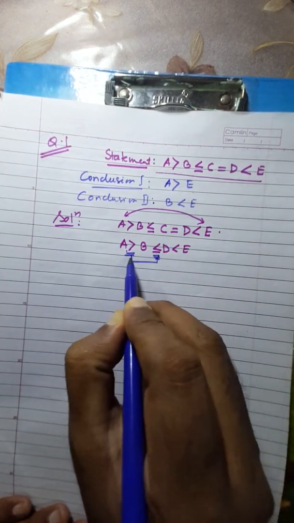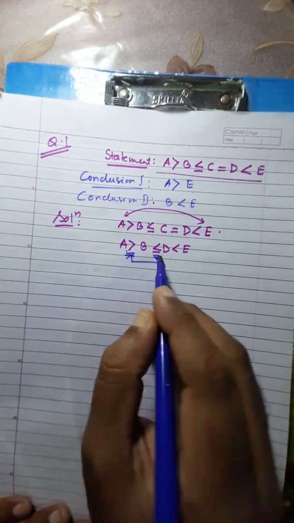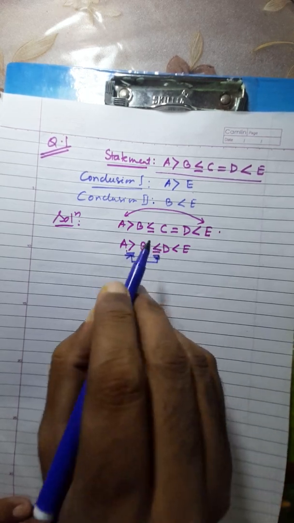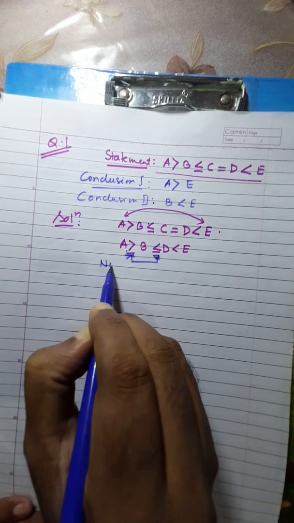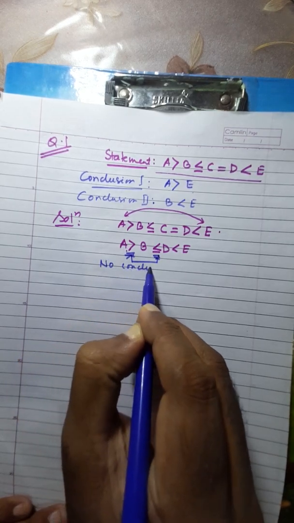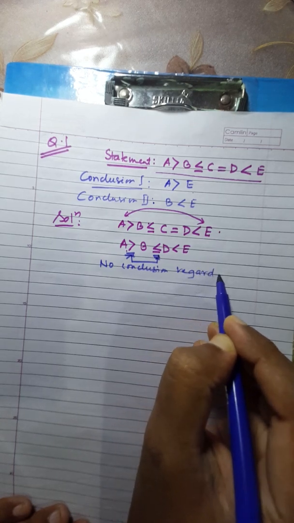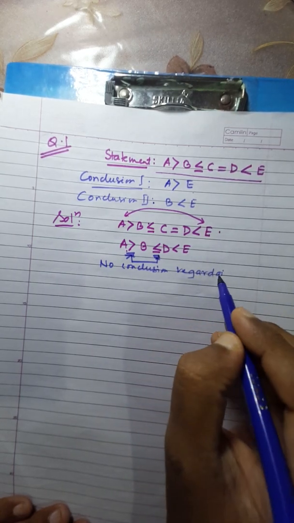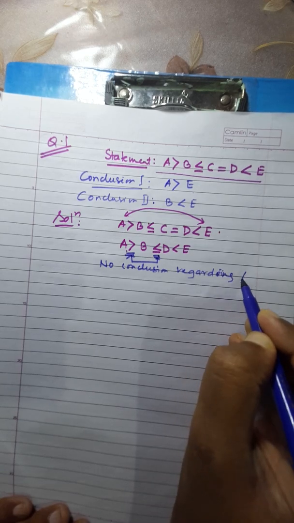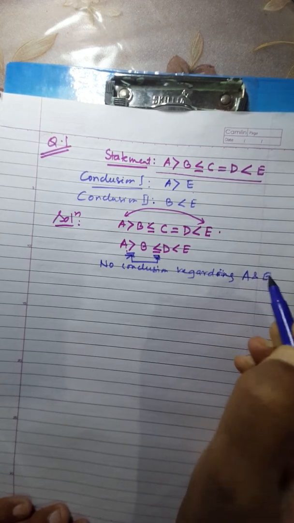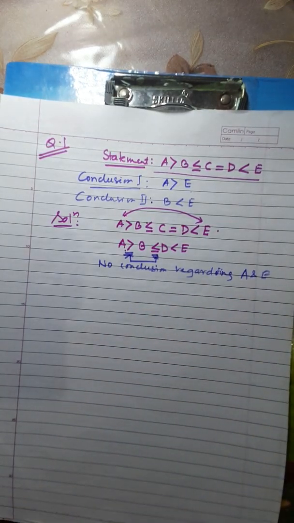So from here what we can say? From this, no conclusion regarding A and E. We cannot come to any conclusion for A and E.